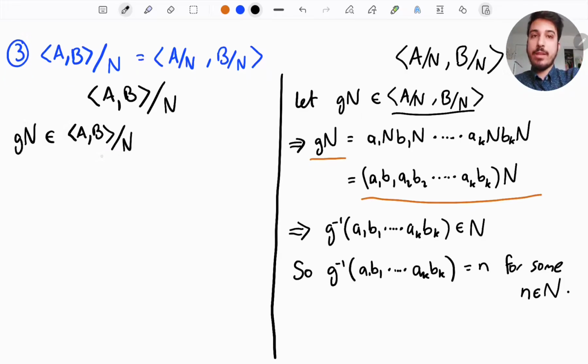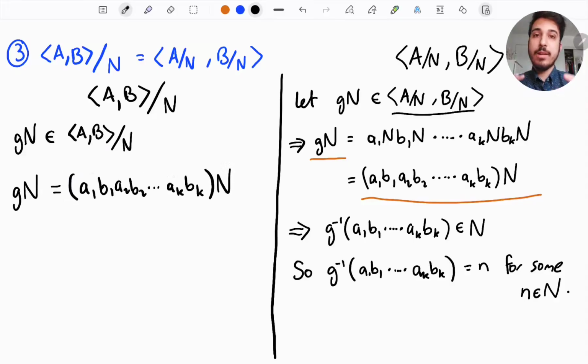Now if gN is an element in this quotient, this means that we will write down all of the products of A and B, and then we will take the quotient by N. So we'll take the coset of the products of A and B by N. One possibility for the coset is to have a1b1a2b2 all the way to akbk, and take that coset with N. Of course, again, there are other possibilities, but for our argument, without loss of generality, we will assume that this is the possibility that we have.